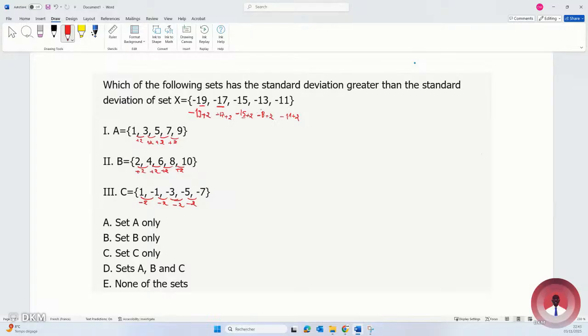So here we know that all these sets can be obtained by adding some constant, which is giving us this particular pattern. It all means that all these sets here will have the same standard deviation, which is going to be constant.